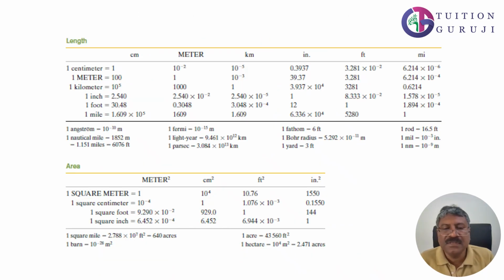Here also some basic units and their conversions are given for your information. 1 centimeter is equal to 10 raised to minus 2 meter and 10 raised to minus 5 kilometer, and 1 kilometer is equal to 1000 meters. 1 Fermi is 10 raised to minus 15 meter, and 1 angstrom is 10 raised to minus 10 meter. 1 square meter is equal to 10 raised to 4 centimeter square.